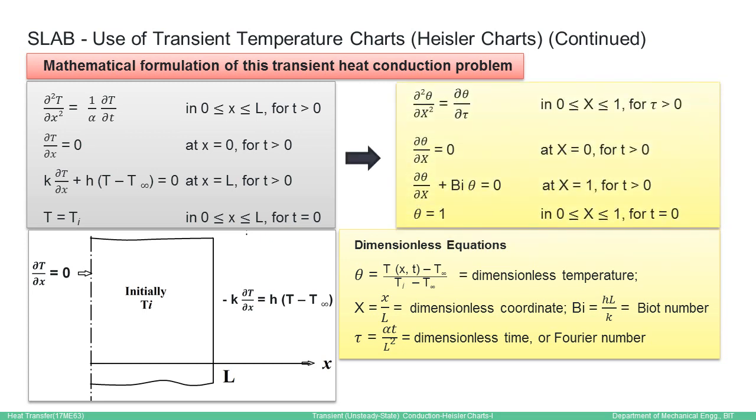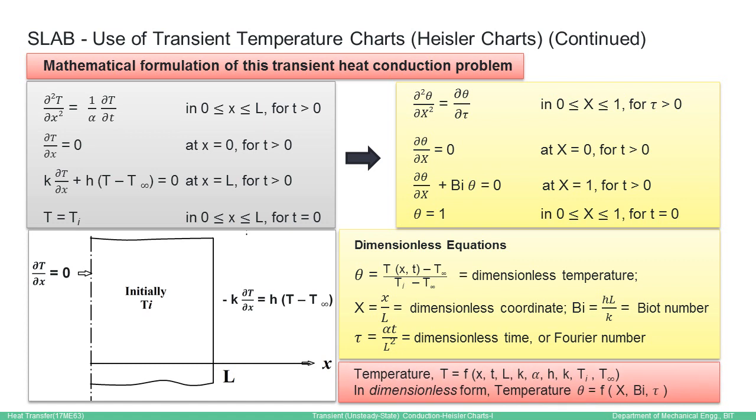The purpose of using dimensionless quantities is this. You can see temperature was a function of different parameters like x position, t time, L thickness, k thermal conductivity, alpha thermal diffusivity, h heat transfer coefficient, initial temperature Ti, fluid temperature T infinity.